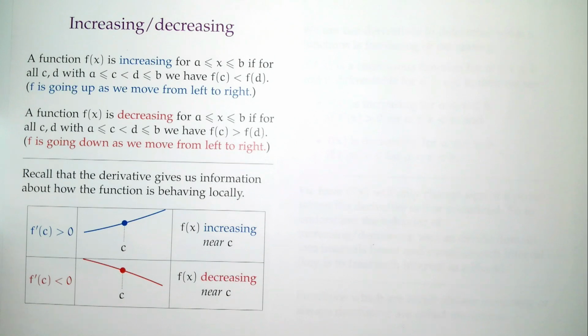So positive derivative means that around C, very close by, I'm moving uphill. If I have a negative derivative, then when I zoom in, I look like a very flat thing that has a negative slope. Well, that says I'm decreasing, I'm going down. So the information about the derivative is one of the easiest ways to figure out whether or not something is increasing or decreasing. So that's why we want to talk about the increasing, decreasing behavior.